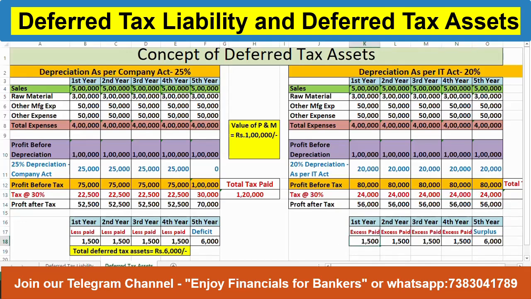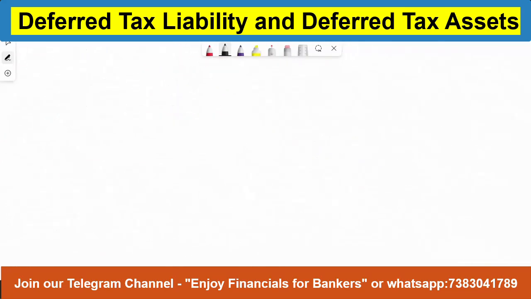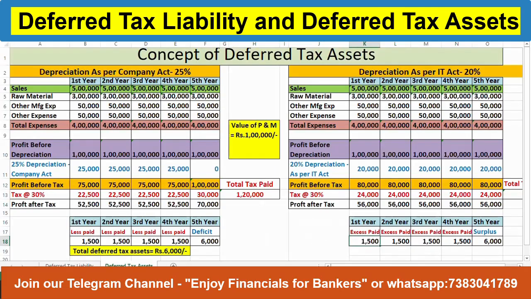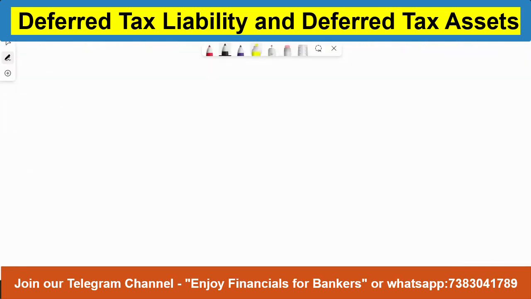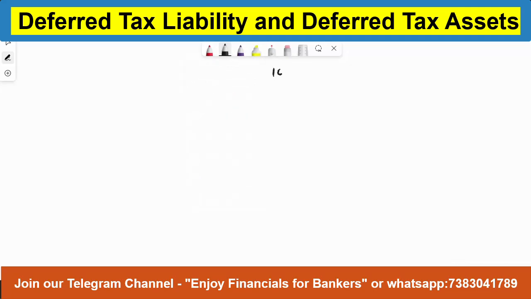Now, friends, I will tell you with a live example. Take the same example. Again, the company has a total value of plant and machinery of 1 lakh.